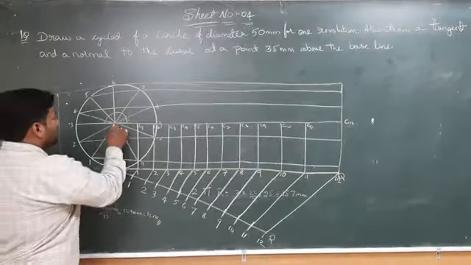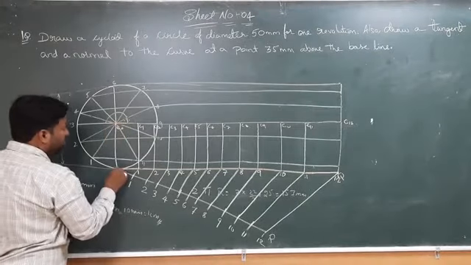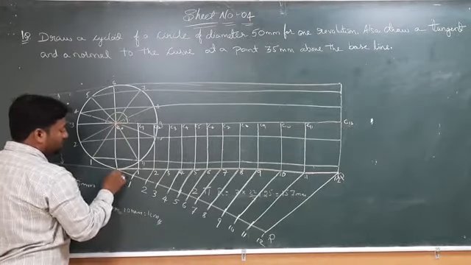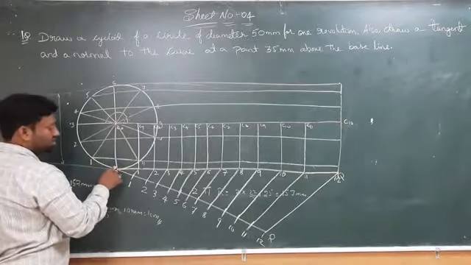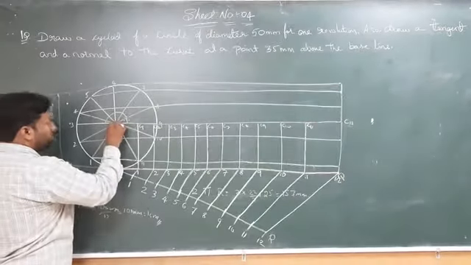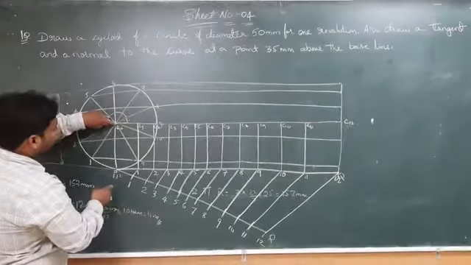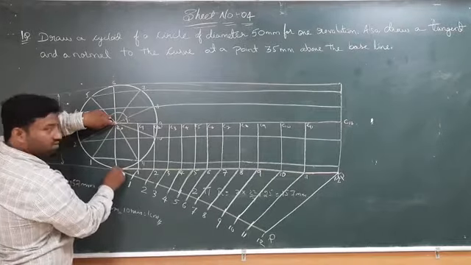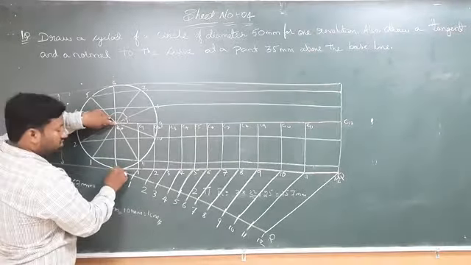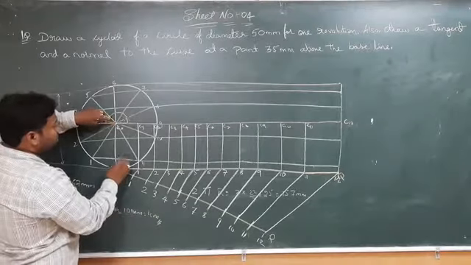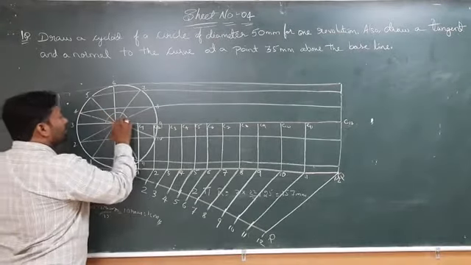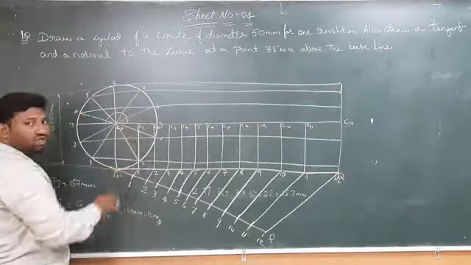Here the initial distance from C0 to P is the radius, which is 25 mm. So we are using our compass. We will cut the arc on this one, exactly at the point which is on the base. Now we change the position from C0 to C1 with the help of the compass.